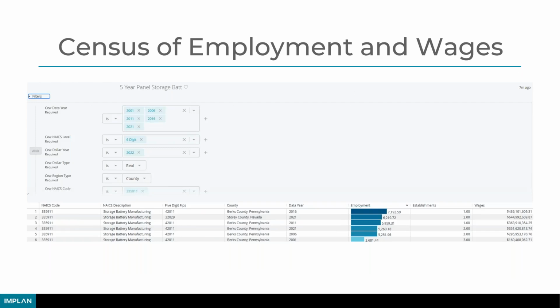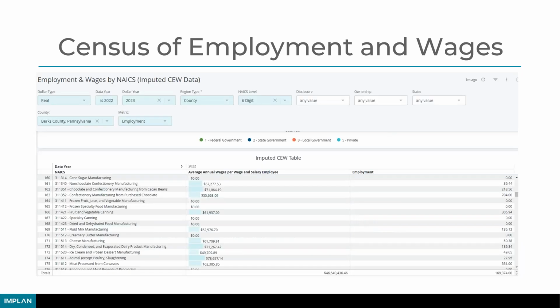Another key piece of information is the Census of Employment and Wages. As many of you may know, CEW data, and this is annual CEW data, is often suppressed at the county level in rural regions. We need data to be essentially complete, so we've imputed values for this.